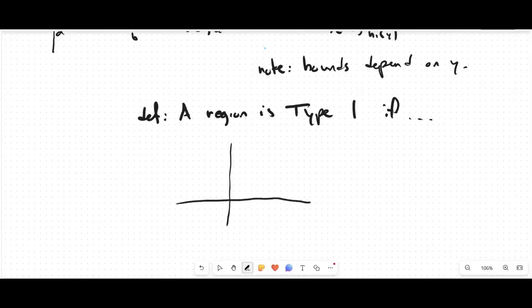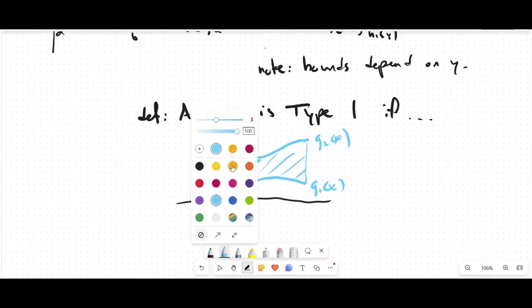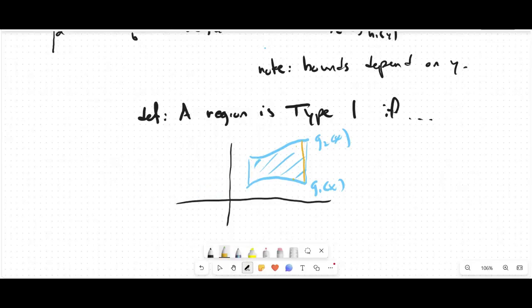It looks like the area between two functions of x. So that region there, here's like an H1, or notation that the book uses. They use G. I'm going to put G here. G1 of x, and this is G2 of x. The region that I've drawn here is the space between these two graphs.